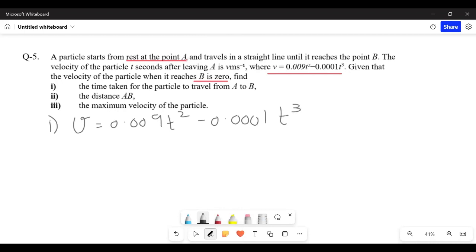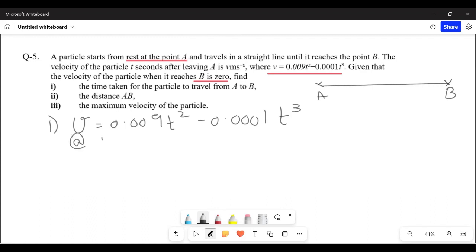We have to find the value of t as it reaches B, so the time to travel from A to B. And we know that at A, velocity is 0, and at B, velocity is 0 as well. So because the velocity is 0 at B, we equate the velocity to 0. So let's substitute 0 here and then get the value of t.